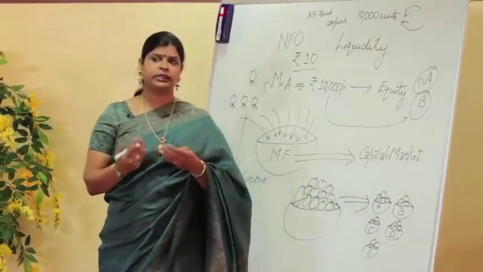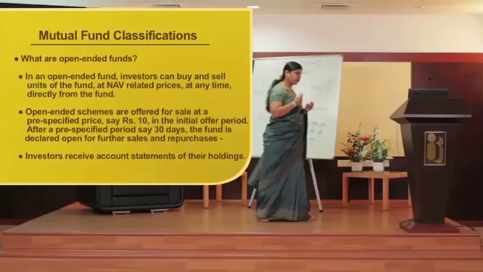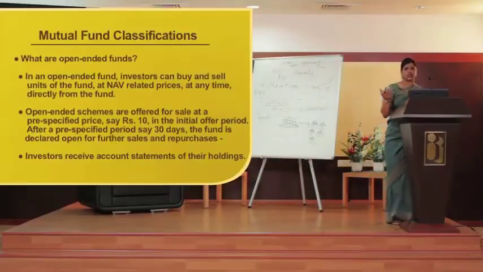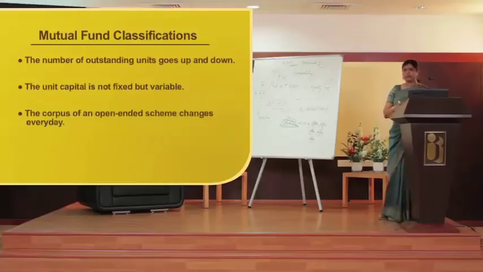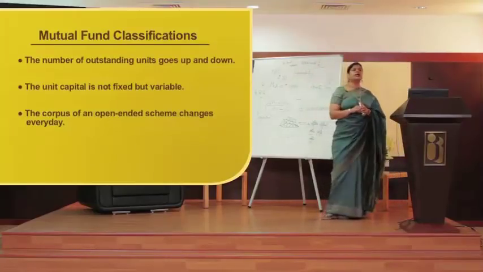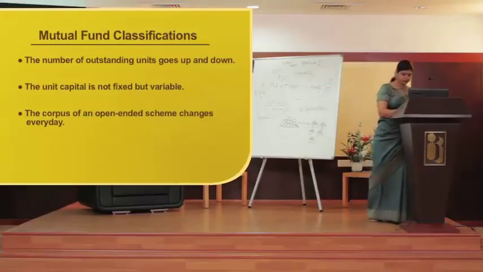Since there is a difference in the number of buyers and sellers, the units keep on changing in case of open-ended funds, which is not there in case of closed-ended funds. So the number of outstanding units for a particular fund keeps on varying.